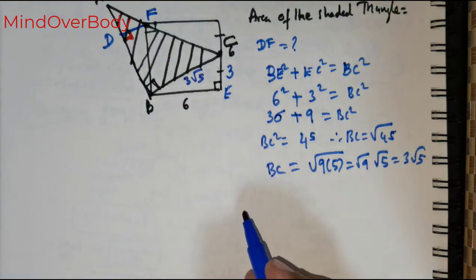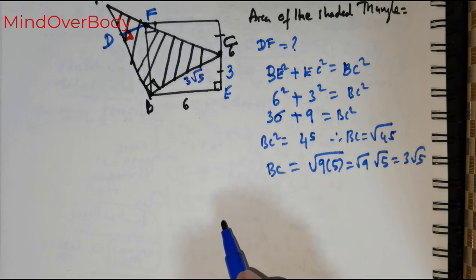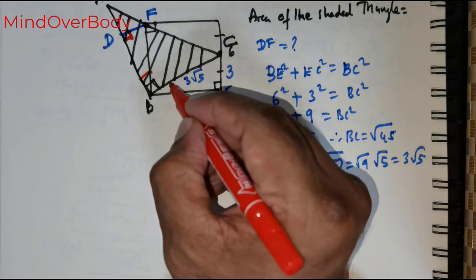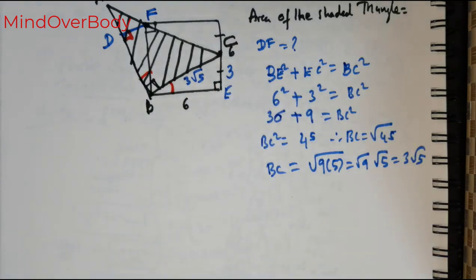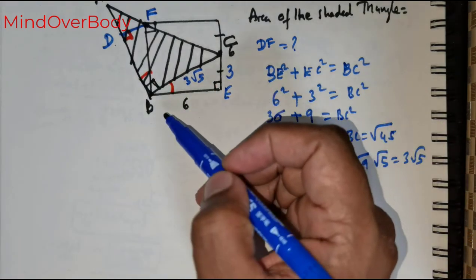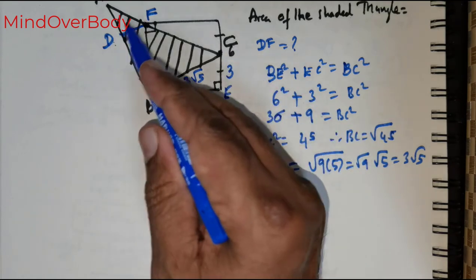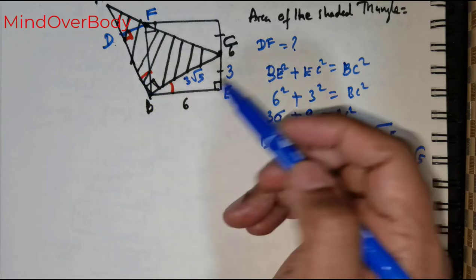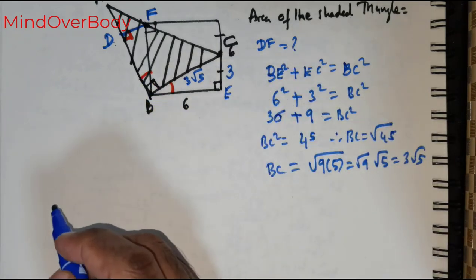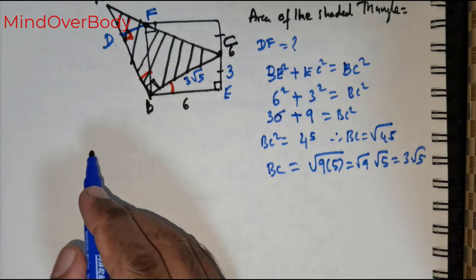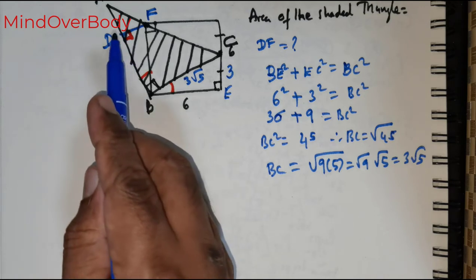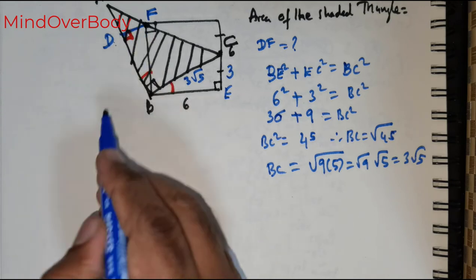Okay, that's fine. Now what I would like to do is make an observation. The observation is this angle and this angle will be equal. So the comparison is done between BEC and BDF, and by the properties of similar triangles I can always write this is DF, right?